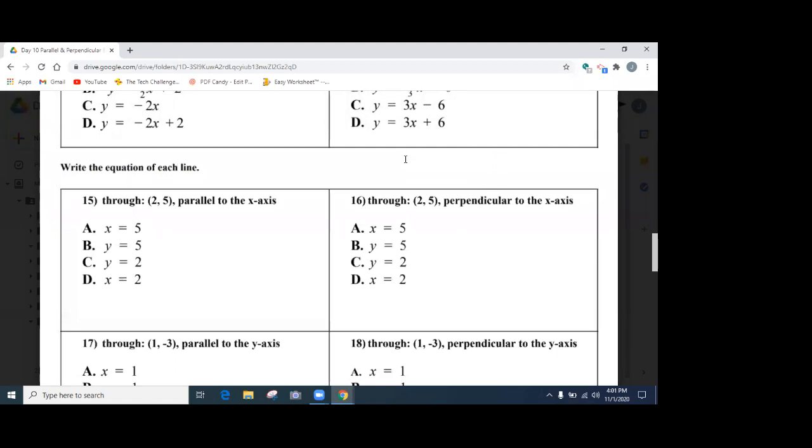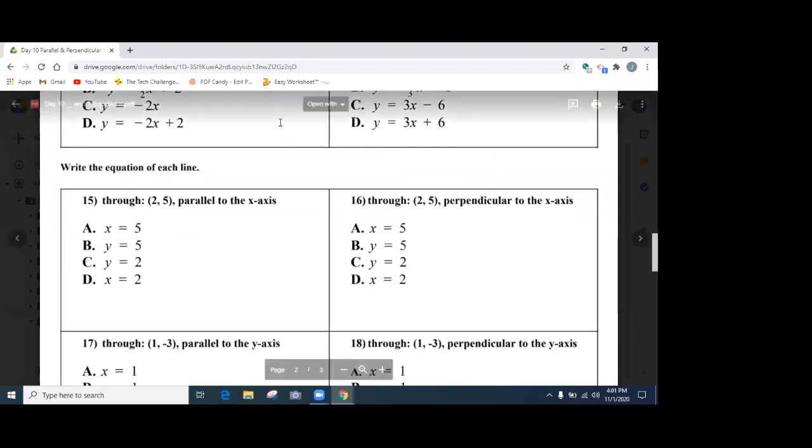These are easy. So the one thing we do have to do here, and there is something very important we have to do here, is whatever axis it says, we want to draw that axis and only that axis. So this says parallel to the x-axis. I'm going to draw the x-axis right here, okay?